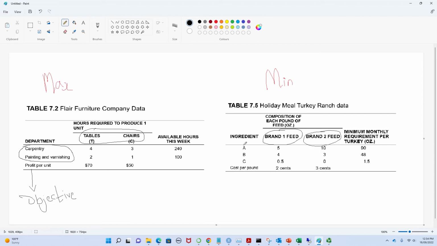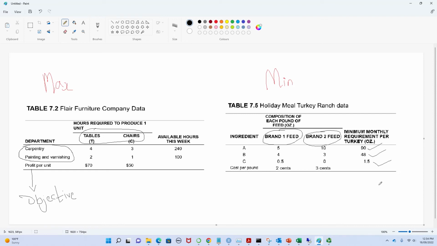These ingredients they must have in the food they give to the turkeys. There's a minimum requirement: 90 units of ingredient A, 48 units of the next ingredient, and 1.5 units of the last.